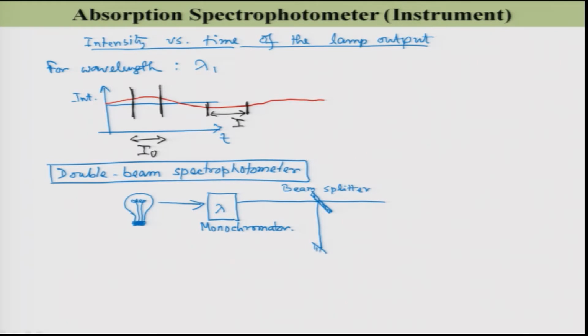Then I will use a mirror over here, and just consider this beam splitter is such that it will split the intensity 50-50. So, with a 50-50 beam splitter, half of the intensity will come in this direction, half of the intensity will come in the other direction.